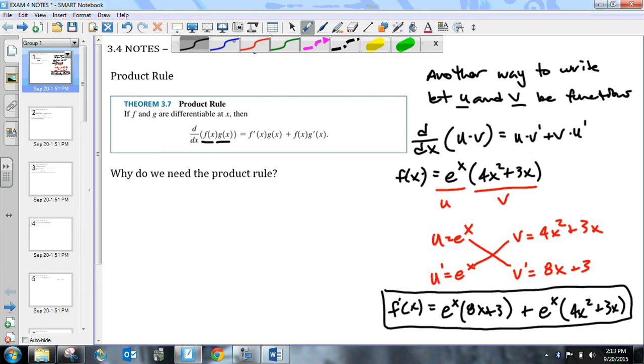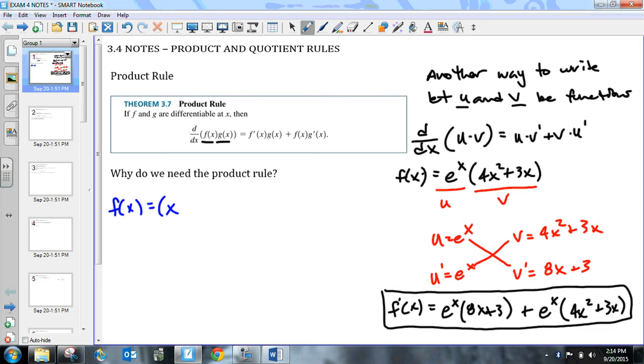We kind of learned in another section that if I've got an f of x and it's like, say, x squared plus 1 times, say, 3x plus 2, then what I can do is I can actually multiply this out or FOIL it.